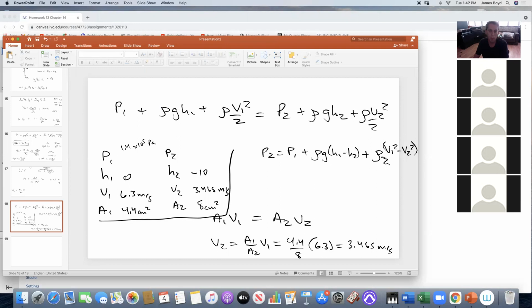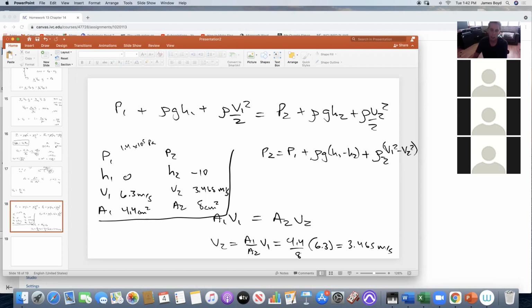And now it's just a matter of plugging in numbers, assuming rho is 1,000 kilograms per cubic meter. So P1 was 140,000 pascals plus 1,000 times 9.8 times (H1 minus H2) of 10, and then plus 1,000 divided by 2, which is 500, times V1 squared, so 6.3 times 6.3, minus V2 squared, 3.465 times 3.465.